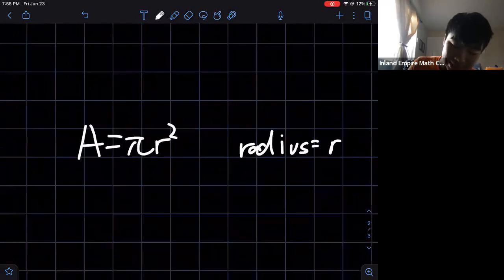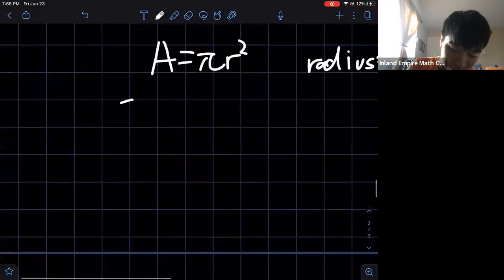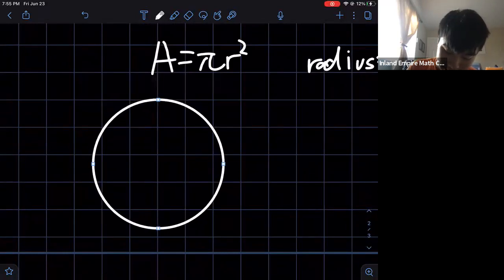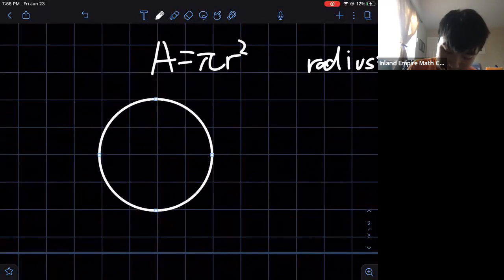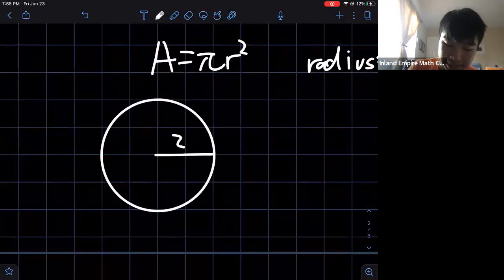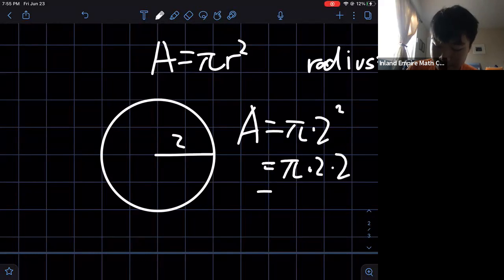For example, if we have a circle with radius 2, like this, then the area is going to be pi times 2 squared, which equals pi times 2 times 2, which equals 4 pi.